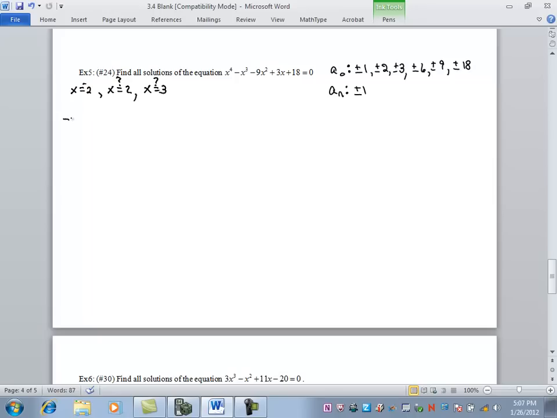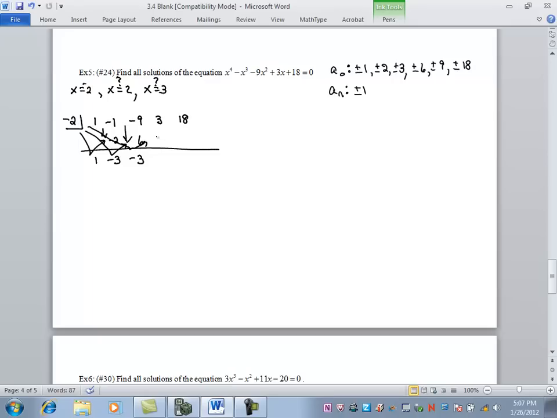Let's put negative 2 in. Alright, 1, negative 1, negative 9, 3, 18. Bring down the 1, multiply, that's negative 2. Add down, that's negative 3. Multiply, that's positive 6. Add down, there's negative 3.